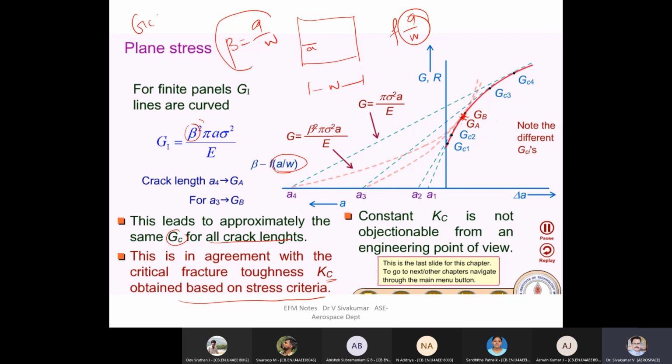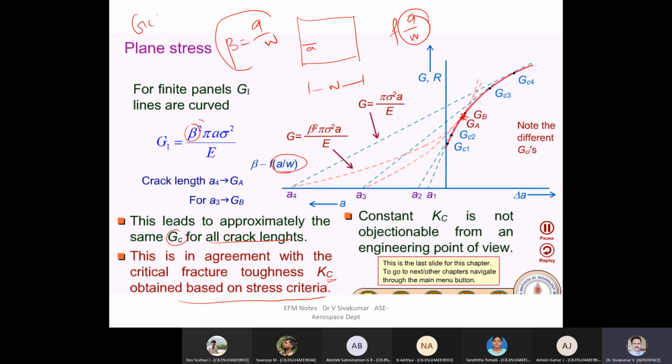When you deal with fracture mechanics, we are playing with GC, the critical energy release rate. That GC should be consistent, so a parameter beta will come. Tomorrow you should not be surprised why this beta is coming. For all my calculations to find GC, it is to take care of a consistent value.